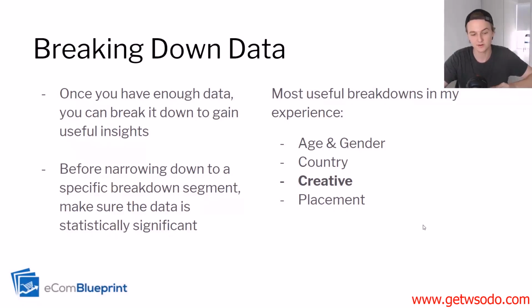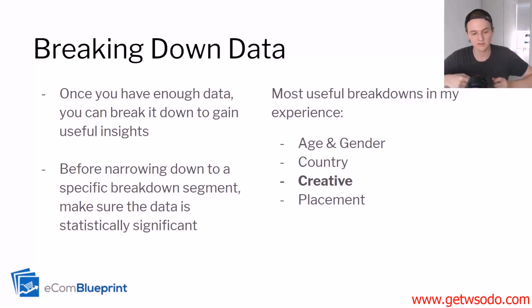So before you narrow down to a specific breakdown segment, you want to make sure that it's statistically significant. This goes back to what I was saying before. You don't want to narrow down your targeting, or whatever it may be, unless you have statistically significant data telling you that it is the better segment to focus on, right?